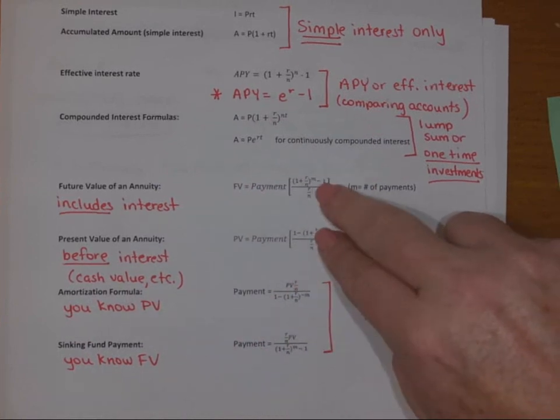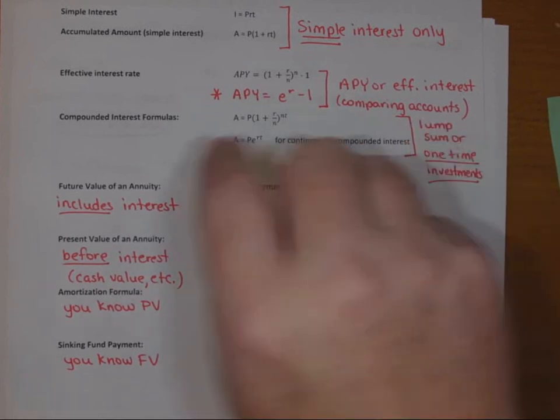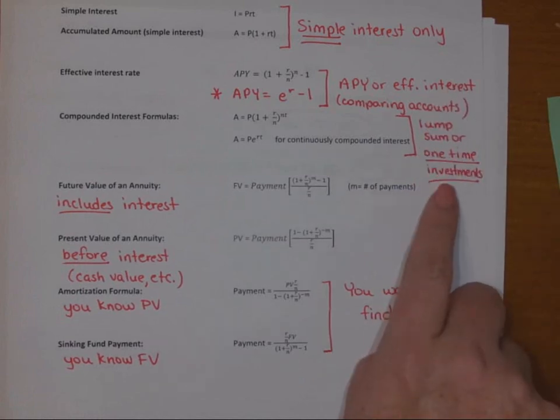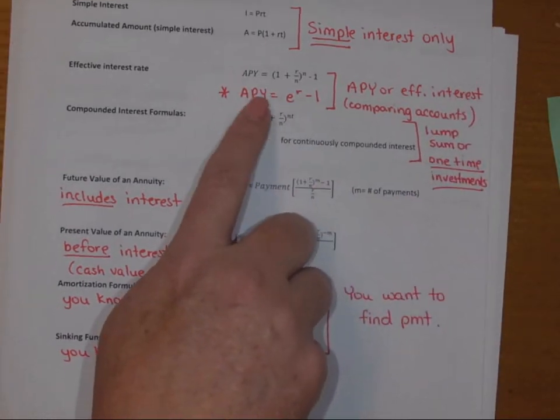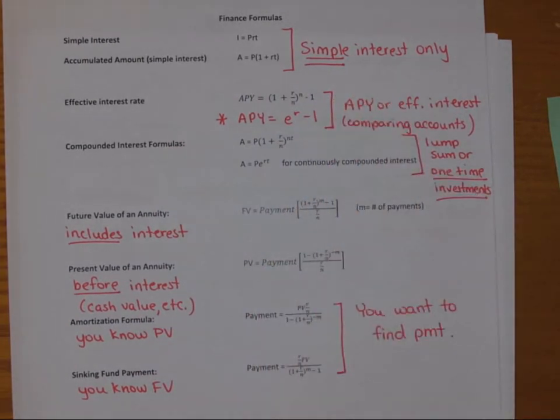If you know the payment, you pick between these two. These are if it's a lump sum investment. Maybe I'll write that. Actually, I did here. So this would be lump sum or one-time investments, and then this is the effective interest rate, and this is for simple interest. So they're literally in groups of two, the formulas are. So you definitely need to be familiar with them, even though I'm telling you that I'm going to be providing them.